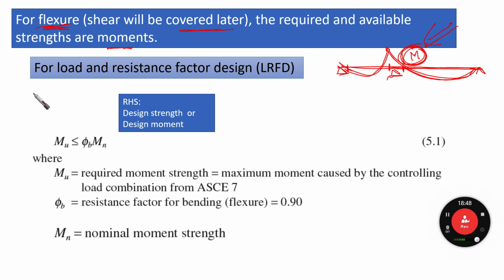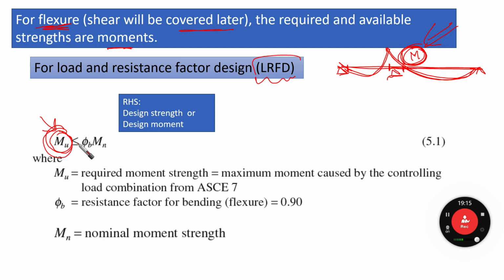So for load and resistance factor design, LRFD, the most repeated equation for us is M ultimate on the left, which is what we call the required moment strength, coming from our load combination in ASCE 7, for example.